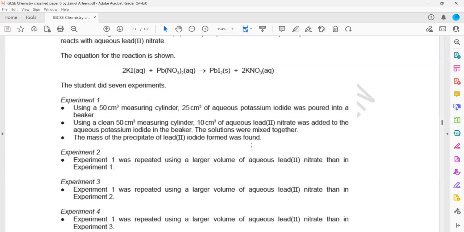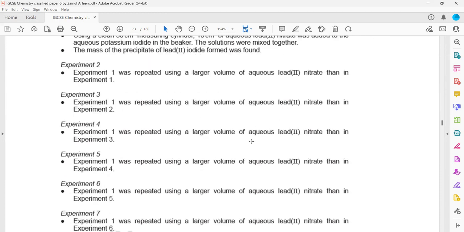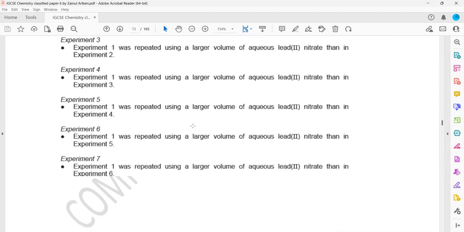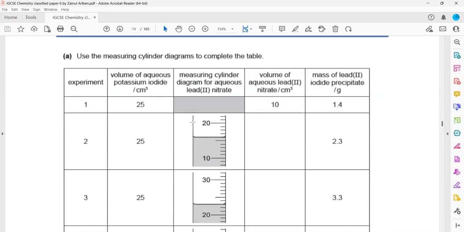Then, using a clean 50 cm³ measuring cylinder, 10 cm³ of lead nitrate was added, and the solutions were mixed together, and the mass of the precipitate which formed was found. The experiment was repeated using a larger volume of lead nitrate than in experiment 1, and so on, until it was done 7 times.